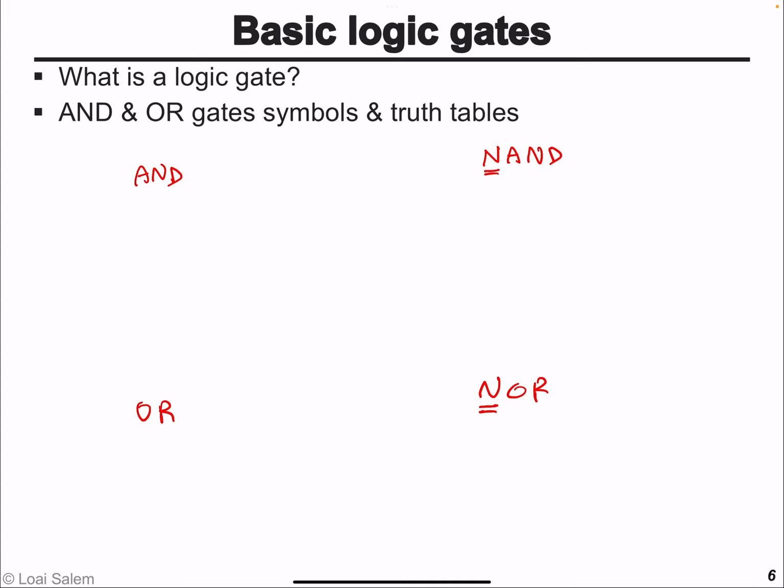So if we look at the logic function AND, its symbol is going to look like this. It has two inputs, say A and B, and an output, say Y. The OR function looks like this: Y, two inputs, A and B.